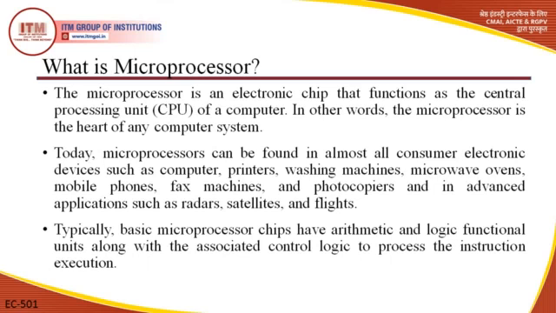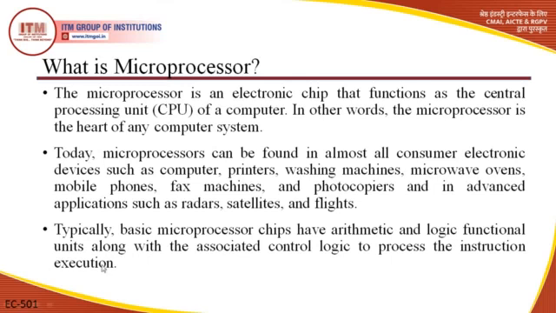So all we have discussed, just I am adding some microwave oven, fully automatic washing machine, fax machine, and advanced applications such as radar system, satellite system, and flights. So you cannot imagine some intelligent gadget or some intelligent system without the microprocessor.